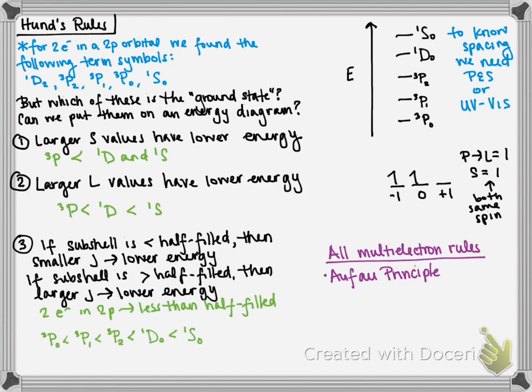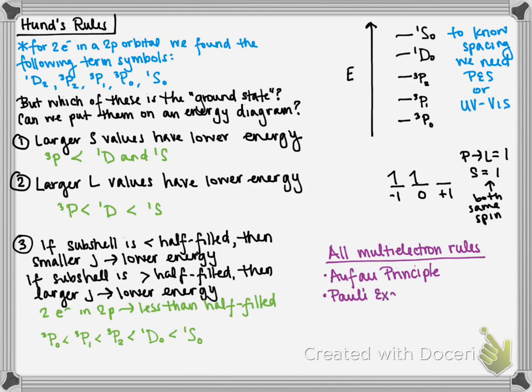So if we're putting electrons into atomic or molecular orbitals, we always fill the lowest states first, or the lowest orbitals. So in general chemistry, this looked like putting electrons first into 1s, and then if you still have remaining electrons, filling the 2s, and if you still had remaining electrons, then you started putting them into the 2p.